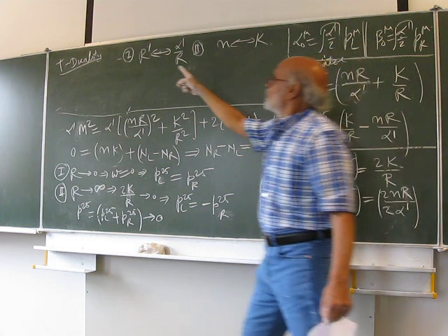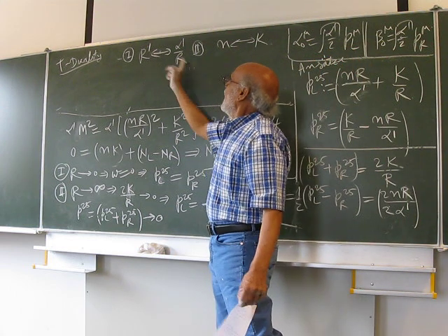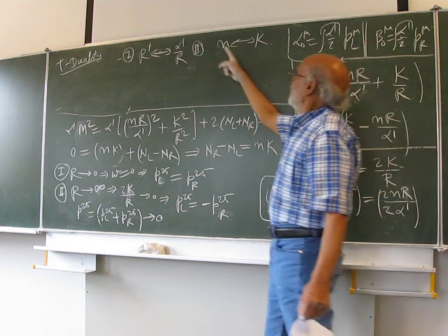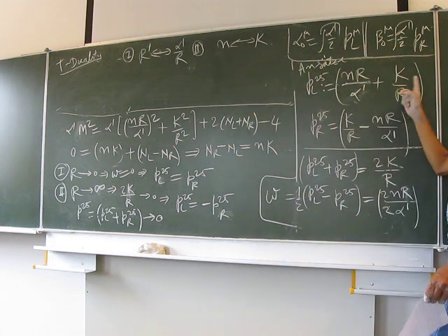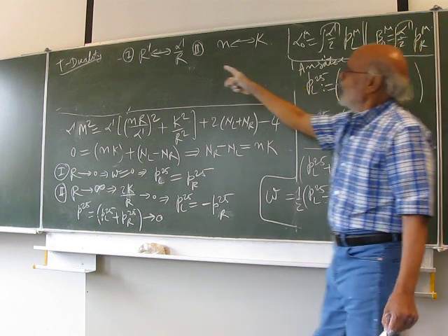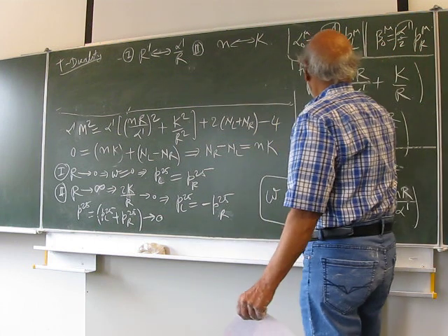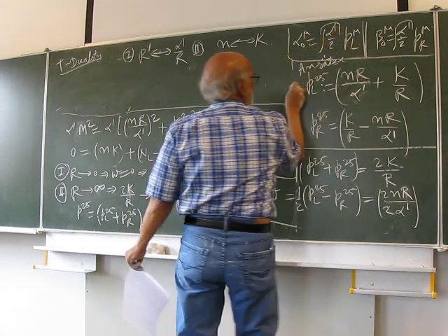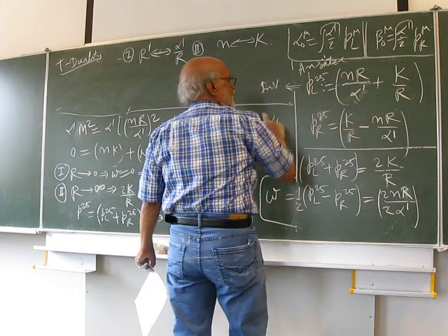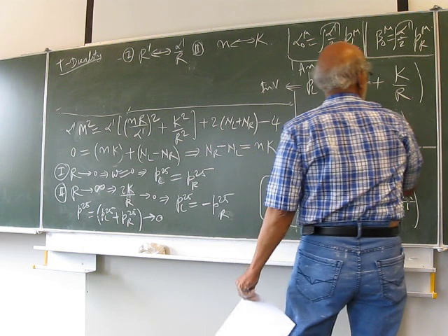If you substitute R equal to alpha prime by R prime here, and if you interchange K by n and n by K, and R by R prime, then you will find that this remains invariant. This one does not remain invariant.